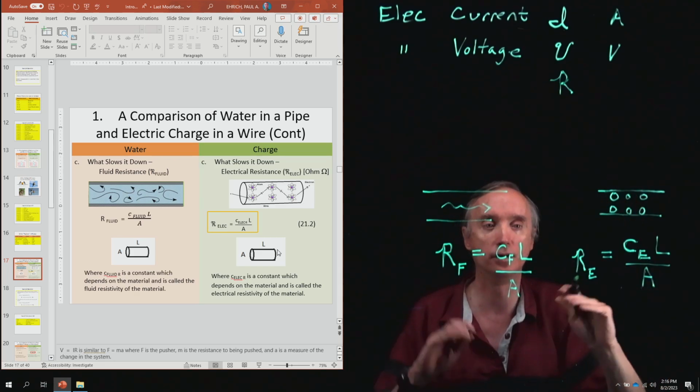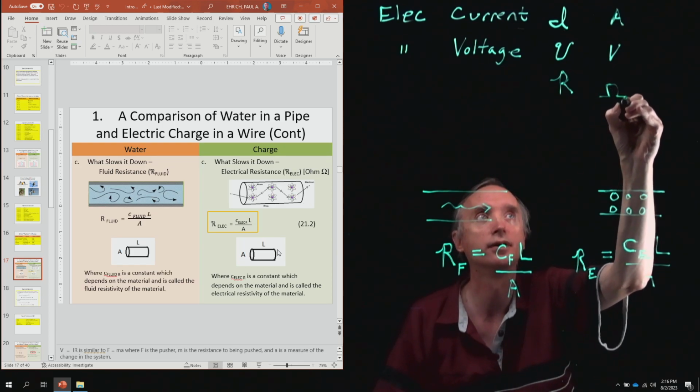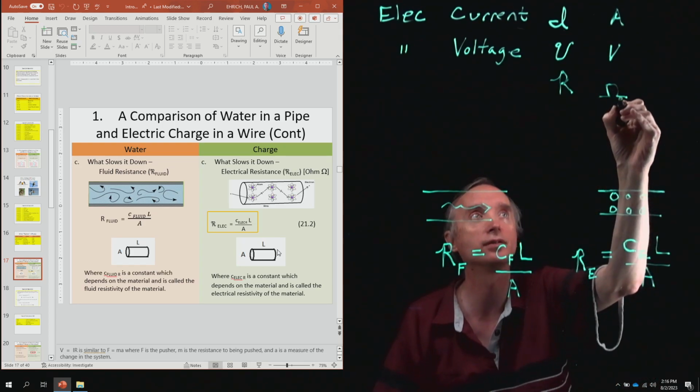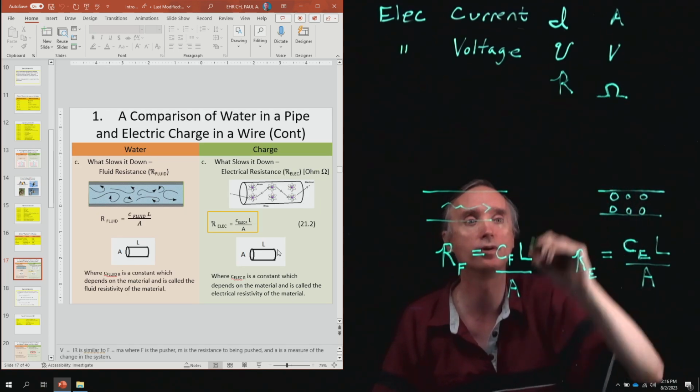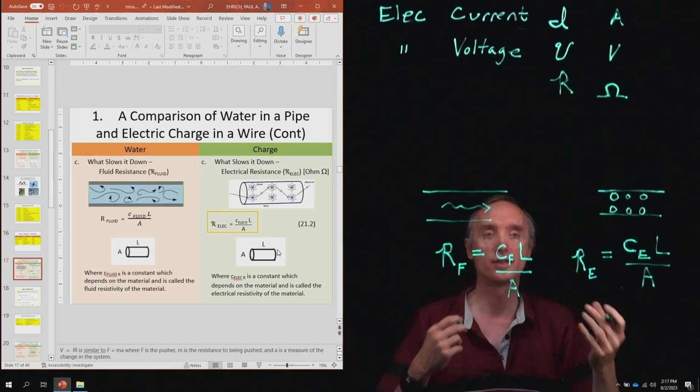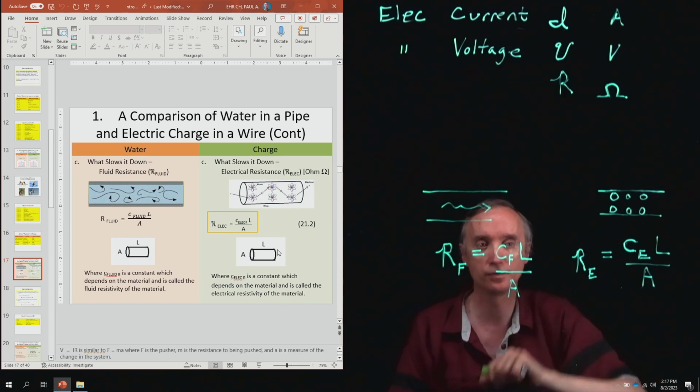Let's all say that. Ohm. All right. So this symbol here is the Greek letter omega, and so that stands for ohm. And so that's the official metric unit for it. So let's see if you can solve a word problem using this formula here.